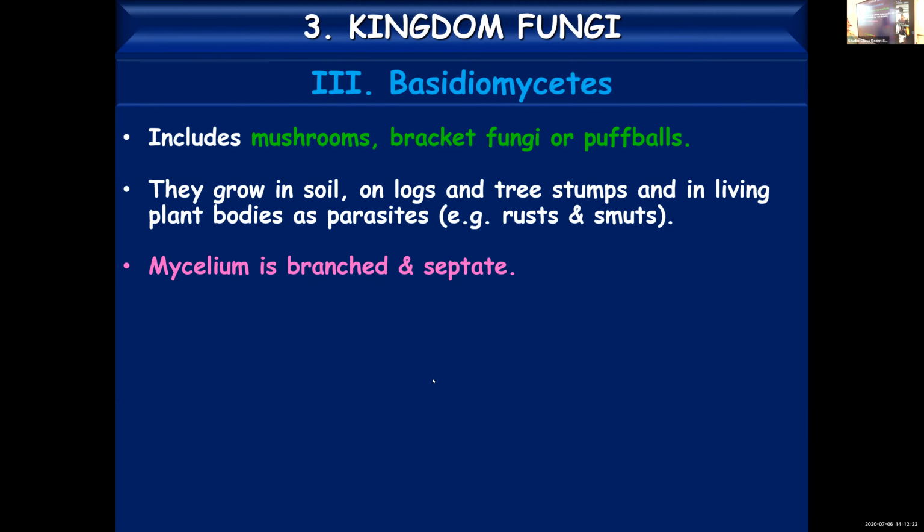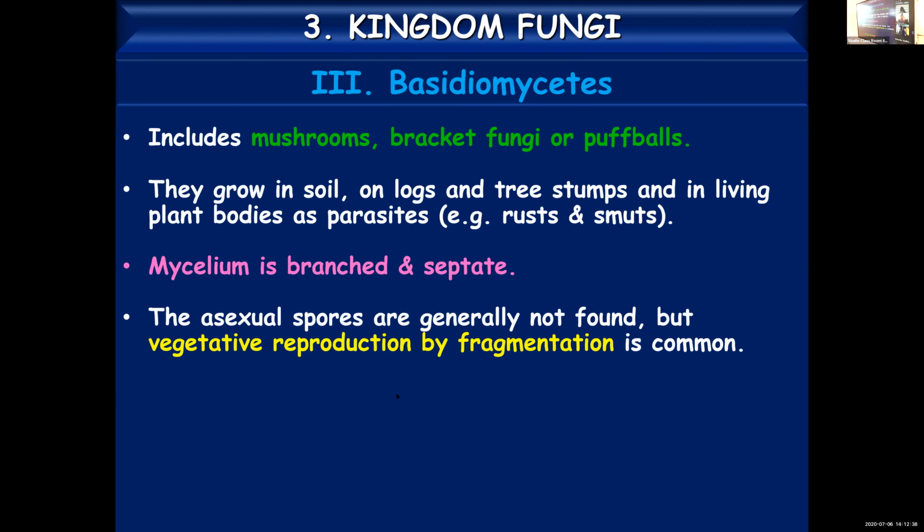And then we learned about their mycelium. I told you that except the first one, all the others have the same type. The mycelium is branched and septate. Septate means they have cross walls, and the mycelium forms a branched network of hyphae. The asexual spores are absent, but they carry out asexual reproduction by means of vegetative propagation, that is fragmentation.